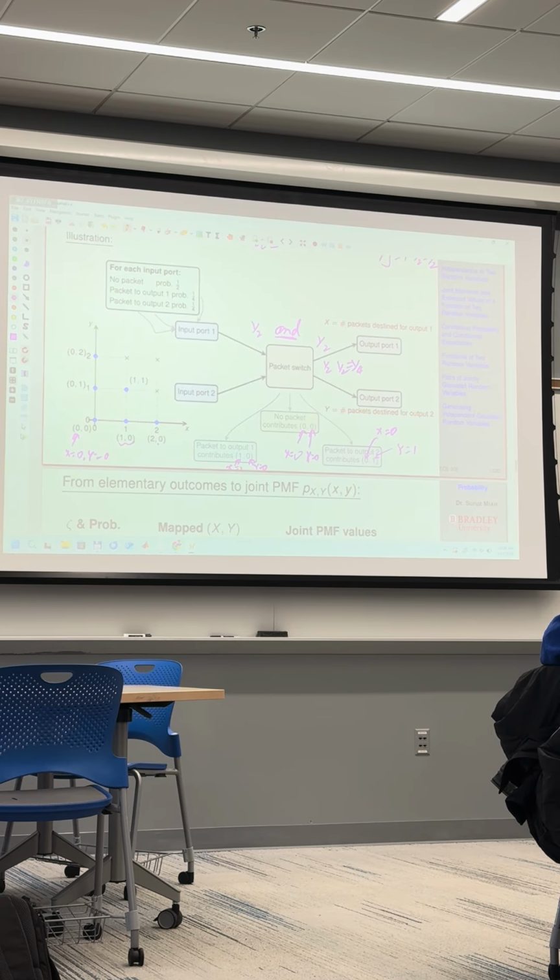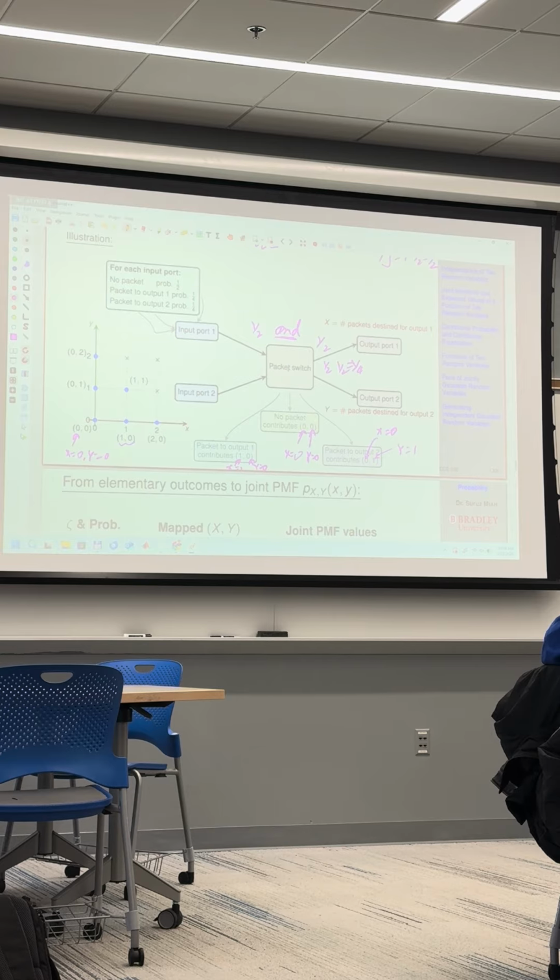Okay, guys, here is another confusing point. How come it can be 2,0? See, a packet can arrive in input port number 1 and in input port number 2, so therefore 2 packets can arrive.